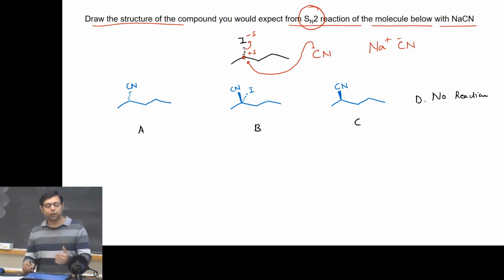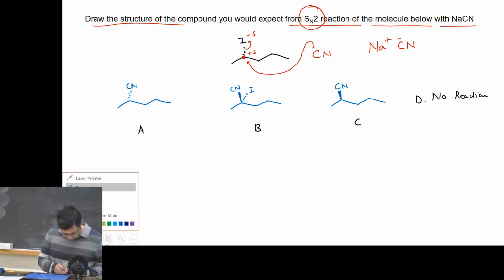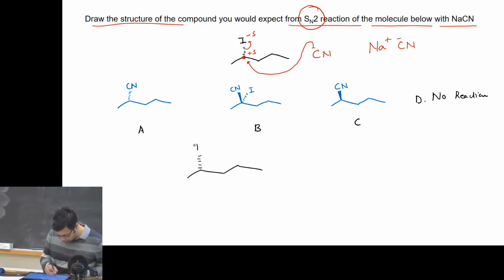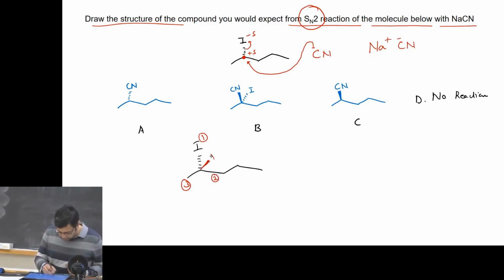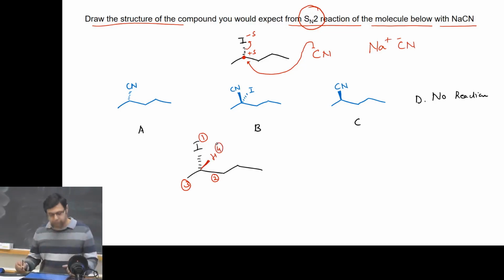So let's first figure out the configuration of the starting molecule. I'm drawing the starting molecule here again. Iodine gets priority 1. This carbon gets priority 2. CH3 gets priority 3. Hydrogen is in the front. It gets priority 4.